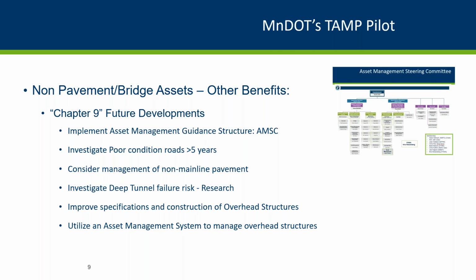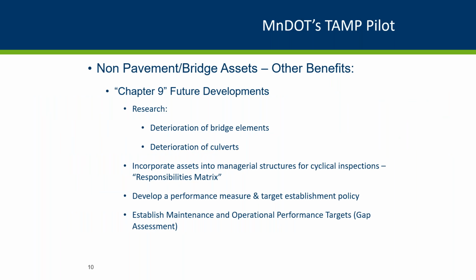What else here? We developed a few research contracts actually for some of the items that came up within the TAMP preparation. And the final one there, utilize an asset management system. That was a major effort we've undertaken. I'll speak to that in one of the next slides here. I guess I did speak a little bit to the research.